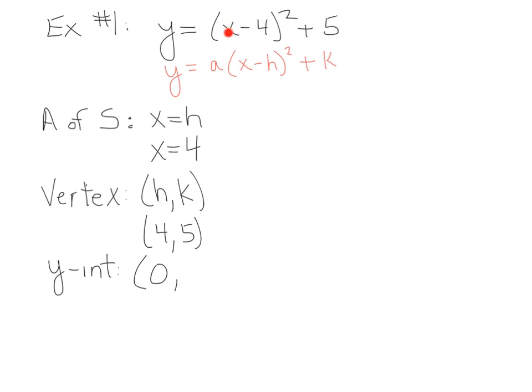Well, if x equals 0, 0 take away 4 would be negative 4. And then you square that because that's being squared. So negative 4 squared means negative 4 times negative 4. That's 16. And then plus 5. And 16 plus 5 is 21.